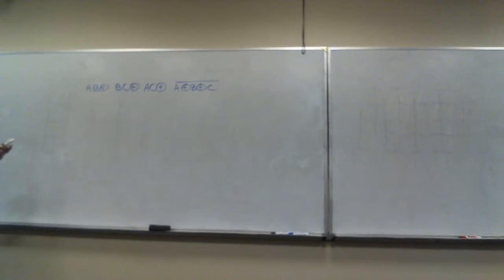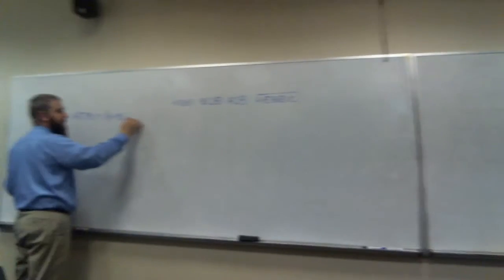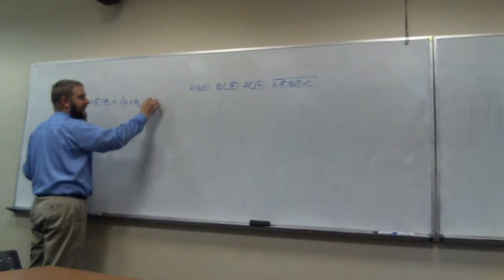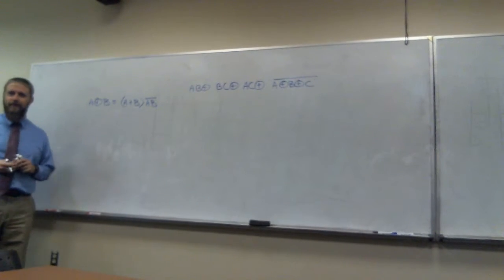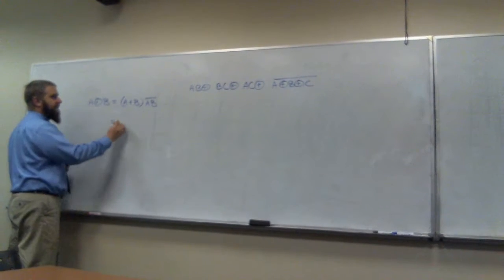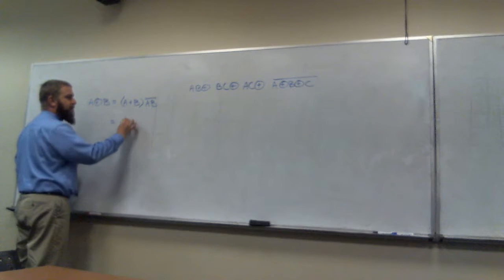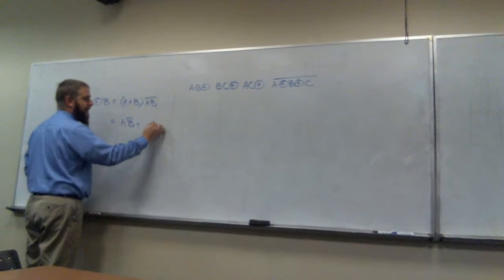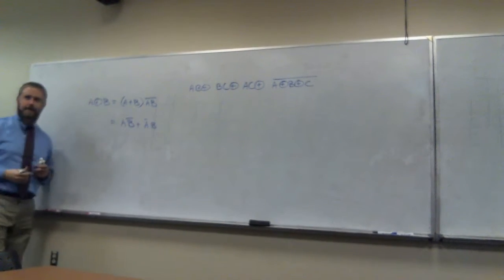We talked about that maybe earlier this week, that an exclusive OR can be switched to A or B as long as you don't take the A and B choice, or that's the same as A without B or B without A.